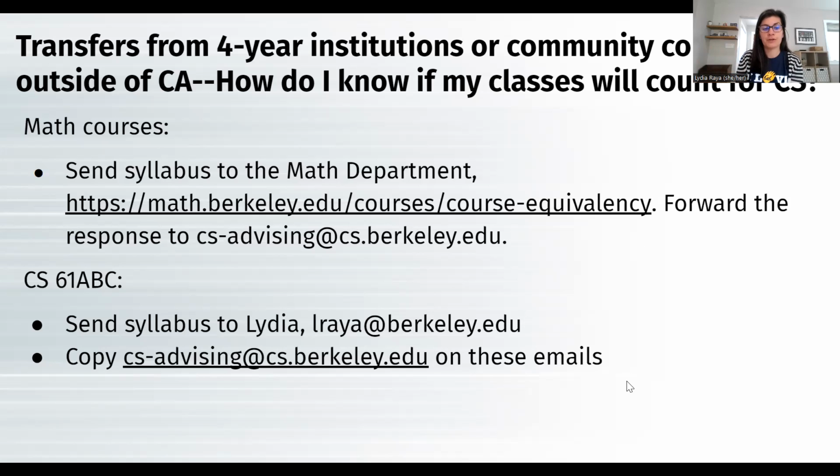And then we'll record it for you. If you took a class that you think might be equivalent to 61A, B, or C, you can send me the syllabus directly, and I work with the faculty to get those evaluated. You can also copy the CS advising alias on these emails, so we're all in the loop together.